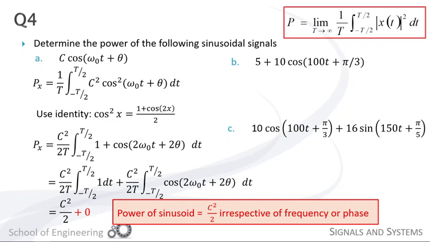We had a general frequency and a general phase, but we had no omega naught term and no theta term in there. We just got c squared on 2. It only depends on the amplitude. Okay? So given that, find the answer to the other two.